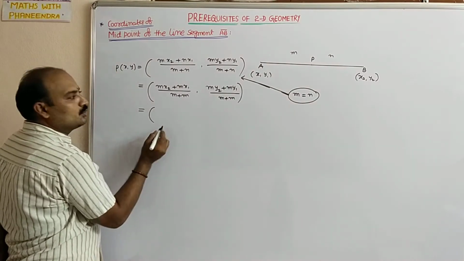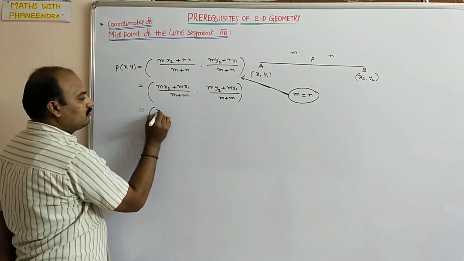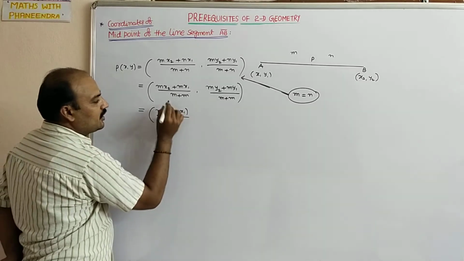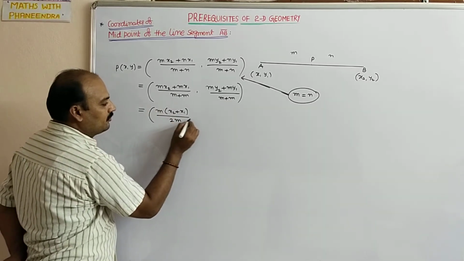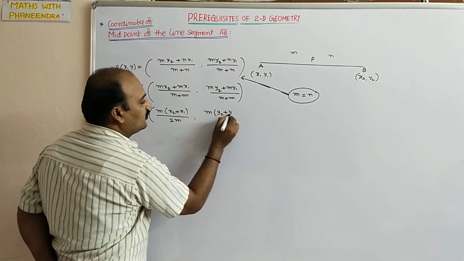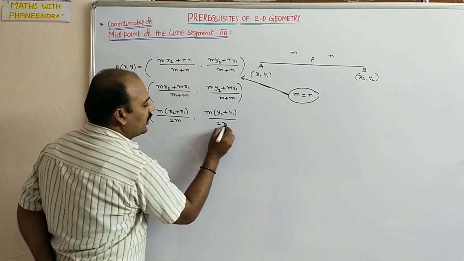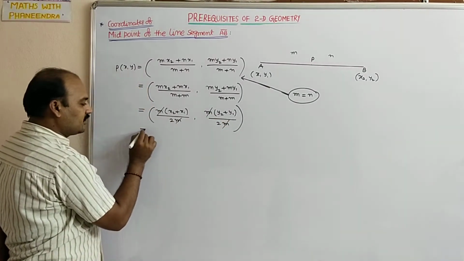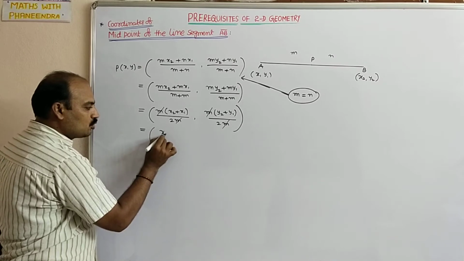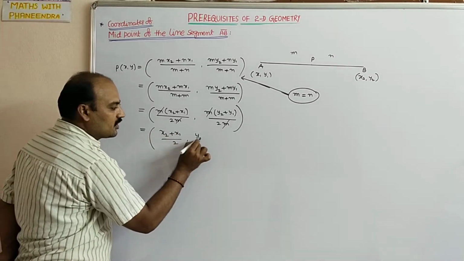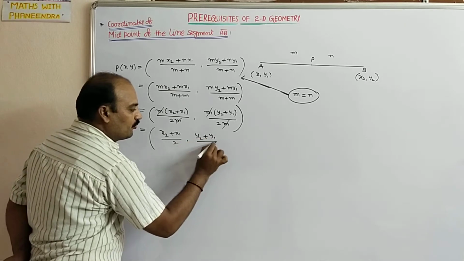Which is equal to, taking m common, m into x2 plus x1 divided by m plus m, which is 2m, and m into y2 plus y1 divided by 2m. So here m gets cancelled, and here m gets cancelled: x2 plus x1 divided by 2, y2 plus y1 divided by 2.